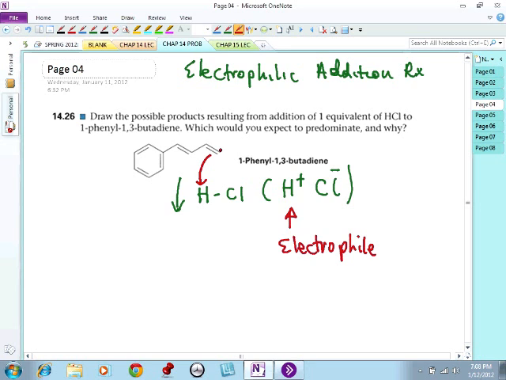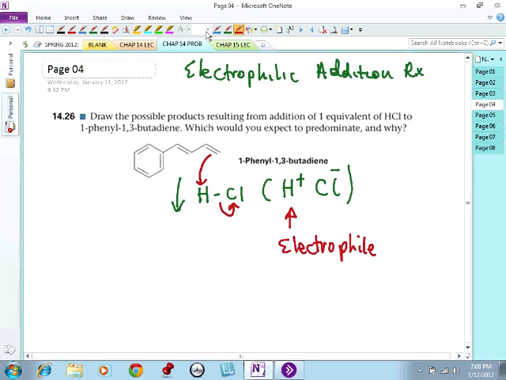You always draw your arrow from where the electron is to where there is no electron. In other words, you draw your arrow from the nucleophile to the electrophile, not the opposite direction. So now the pi electron will attack this proton here. Of course, that would therefore allow the hydrogen-chlorine bond to break.